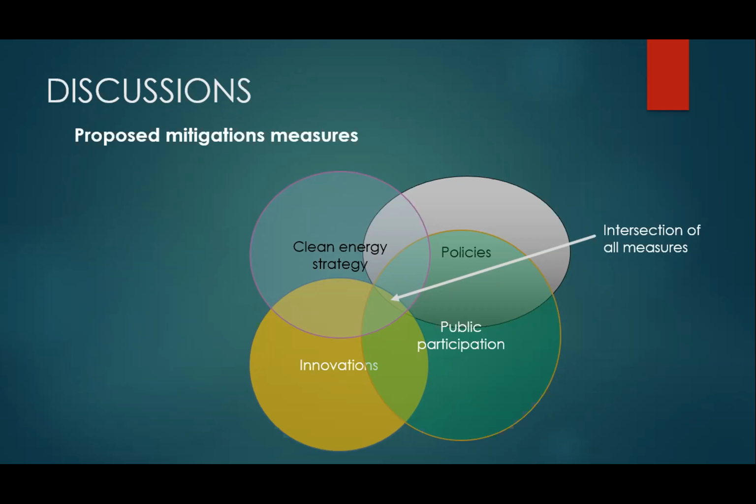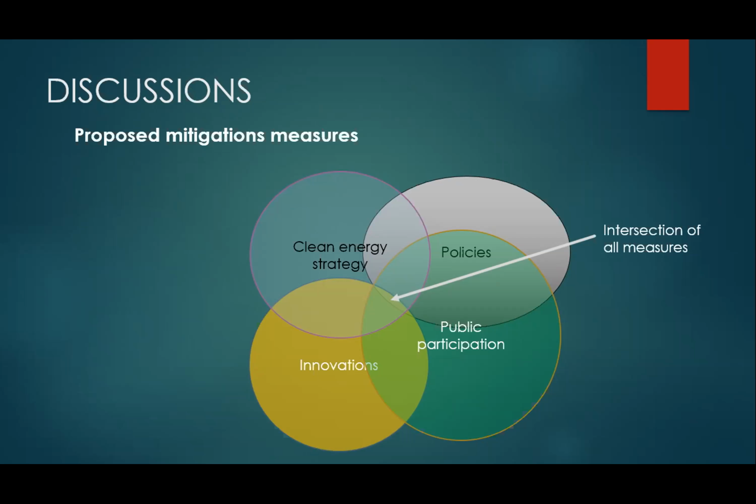So innovations, of course, the government should support innovations by partnering with private institutions, so that we have energy efficiency, for example, installation of pumps and ideas like that. And also, of course, in green energy.